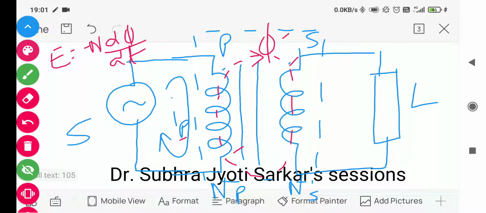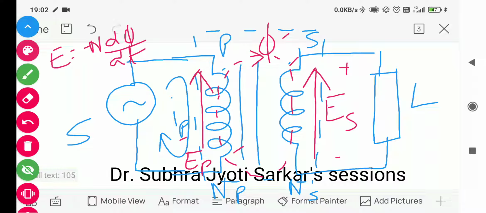So let us suppose this ES is the EMF that is produced due to Faraday's law, and the direction shows that this point will be positive and this point will be negative for the positive half cycle, and vice versa. And similarly an EMF would be generated here in the primary side as well.